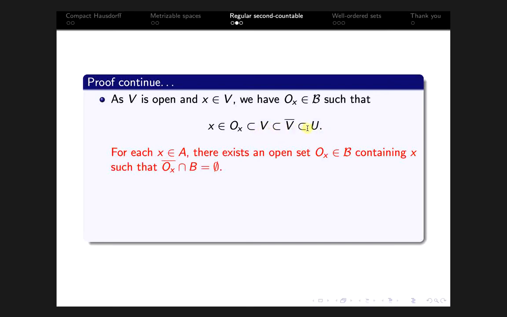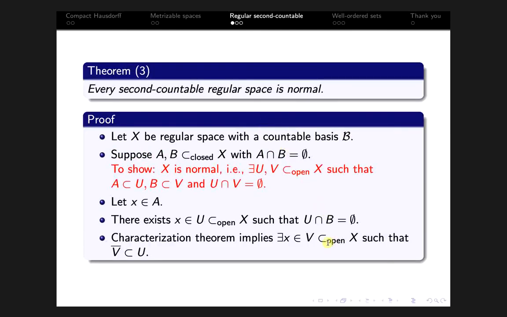By characterization of regular spaces, V is a subset of V closure and V closure is contained in U.